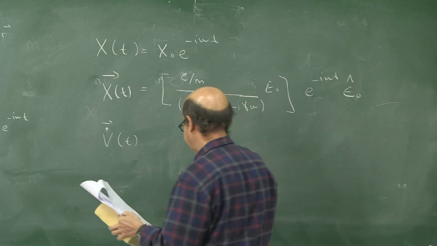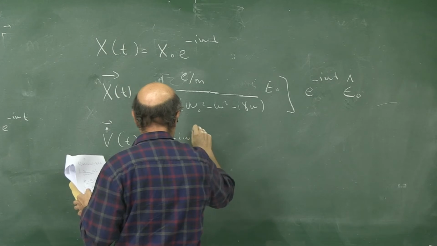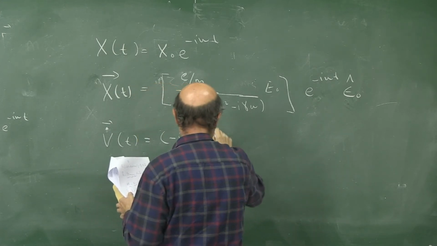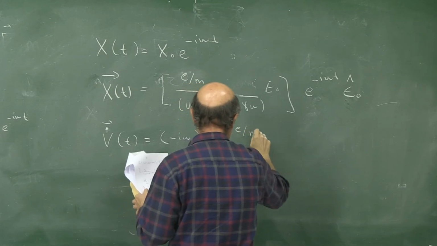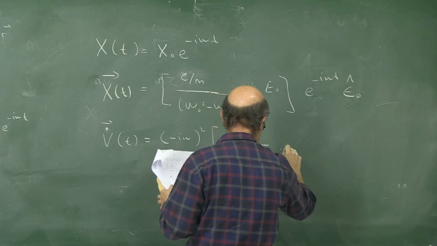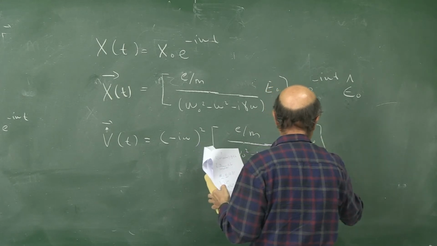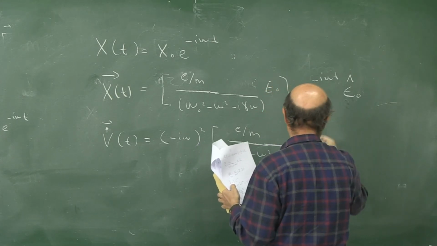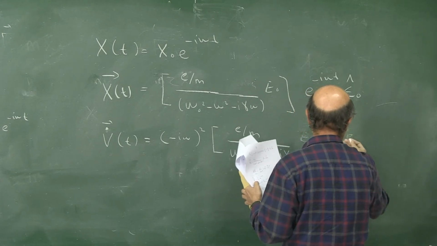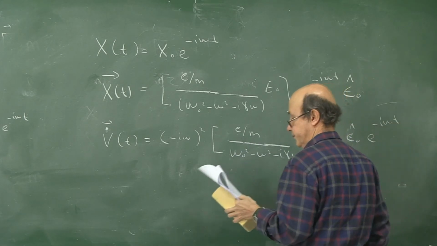You will obtain what? Acceleration will be minus omega square. The rest is the same: E over m, omega 0 square minus omega square minus i gamma omega, E0. So let us take the E0 out: E0 epsilon 0 hat e to the minus i omega t.